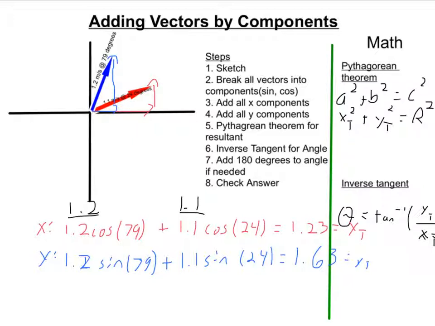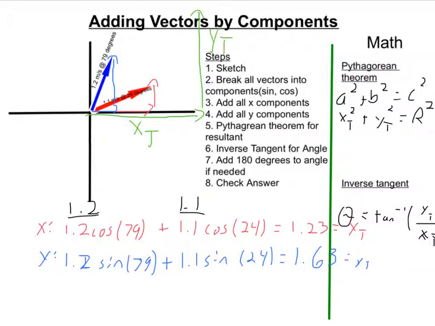Let me see if I can sketch this out again for what I had. So I had a triangle that looked like this here. The two X pieces added together to give me X total, right? And then the two Y pieces added together to give me a Y total.